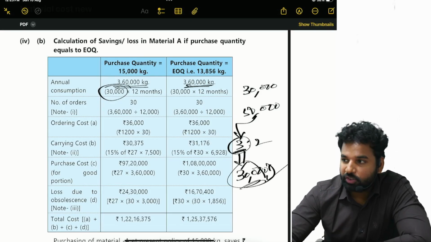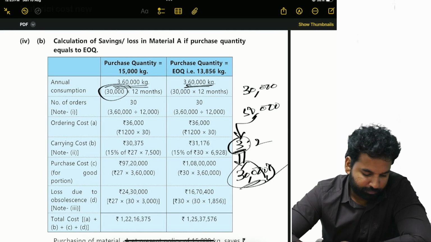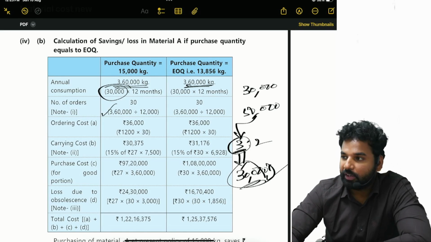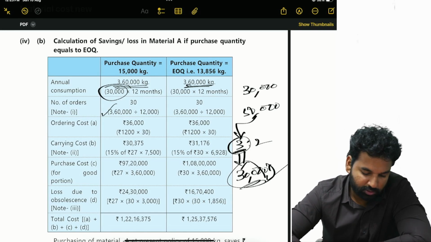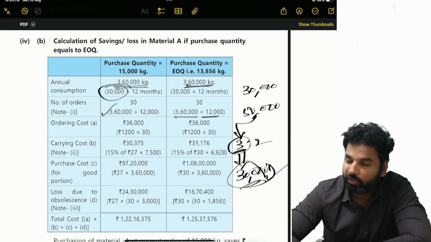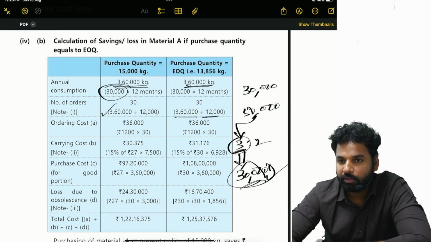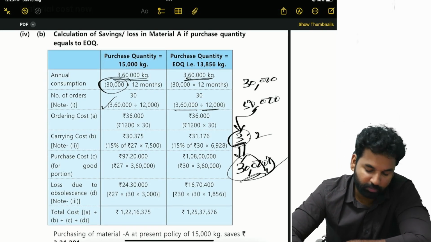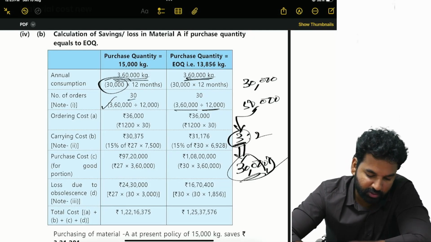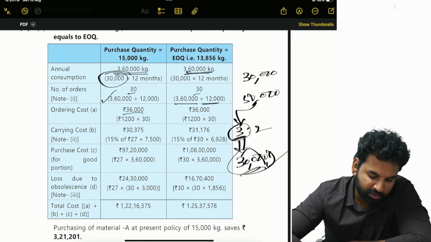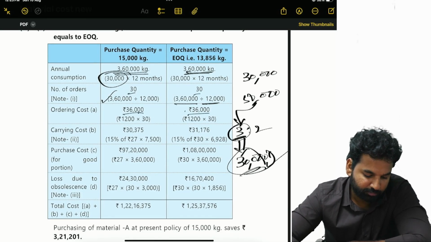Next, number of orders. 3,60,000 divided by 12. Here also 3,60,000 divided by 12. Why 12,000 has been taken? Perishable nature. More than that is perishable. So that's why 30 orders, 30 orders. Ordering cost is 36, 36. This is same.